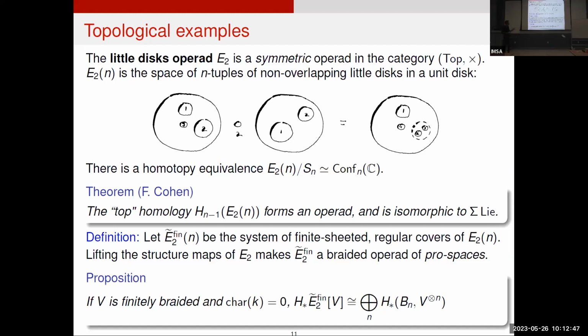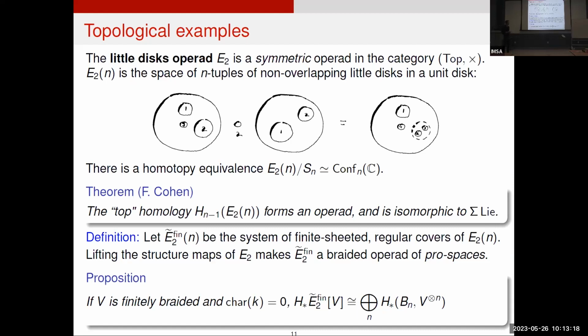I say this because our problem in the Hopf algebra situation is that we don't know what a Lie algebra is supposed to be. And here is a topological description of what the Lie operad is supposed to be. So what I want to do is look at the following construction. I'll apologize for the pro part of this.